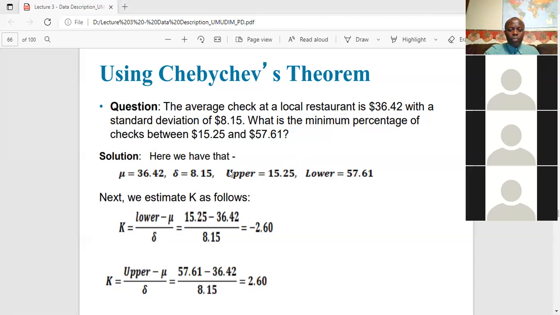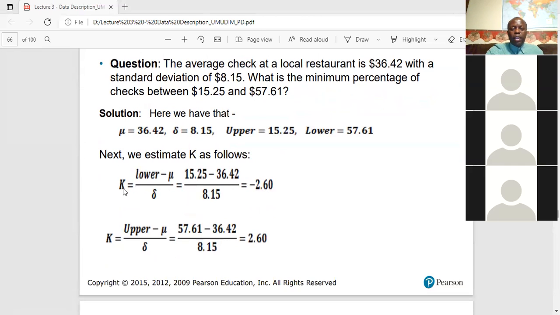Like I said, I wrote it wrong by a typo, and this is a PDF so I can't change it now, but know that this is the upper and this is the lower. Before we can answer this question, we need to find the K. The formula is K equals lower minus mean, divided by standard deviation, so 15.25 minus 36.42, divided by 8.15.